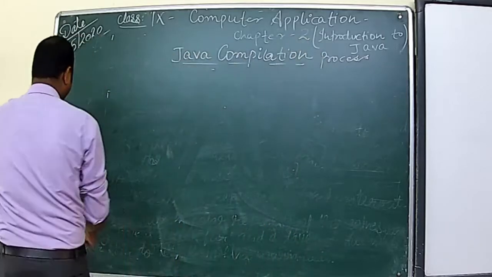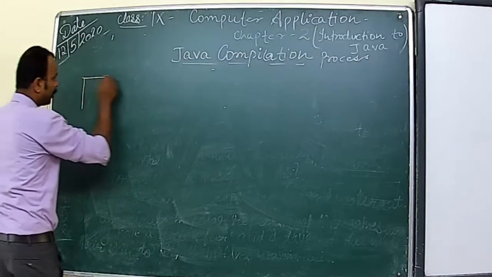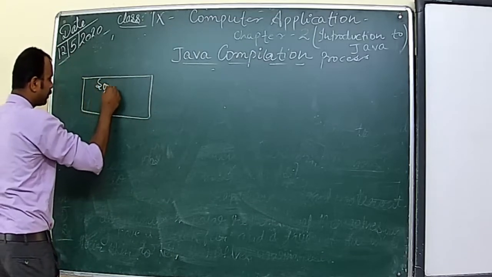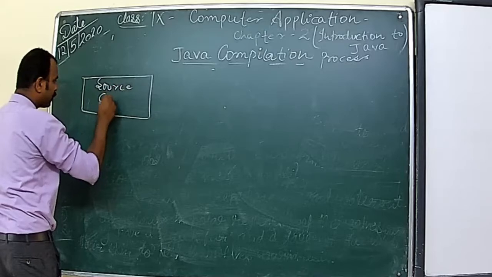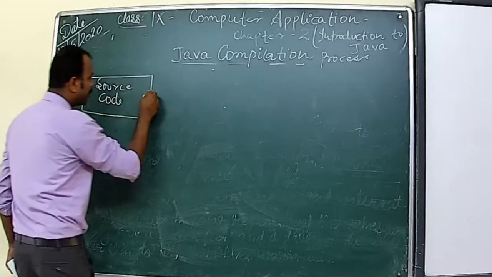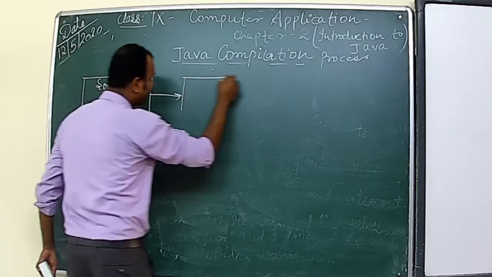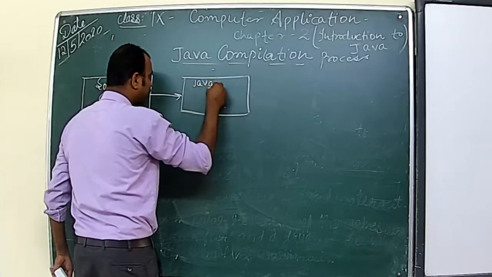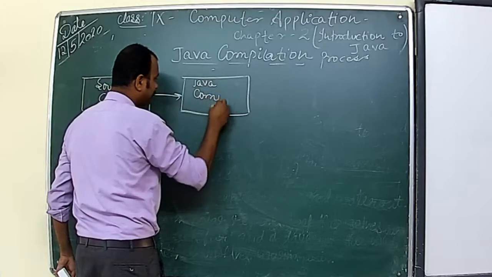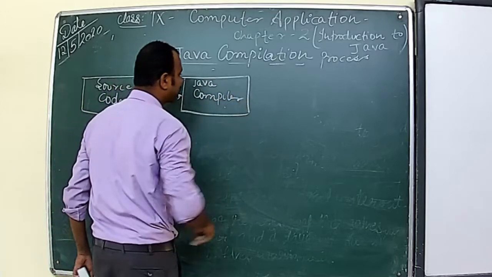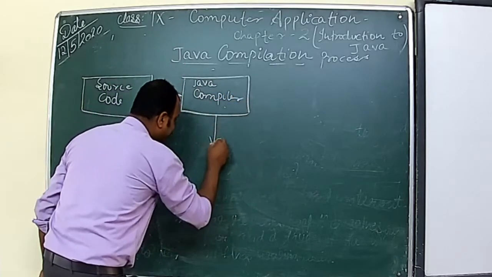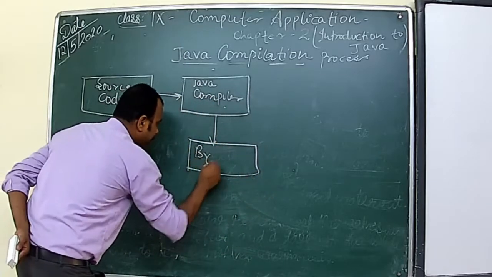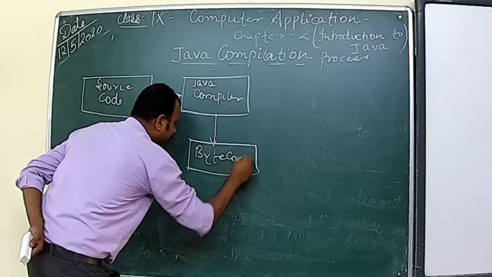So in the Java compilation process, this is your source code. With the help of the Java compiler, it will be converted into an intermediate language called bytecode.